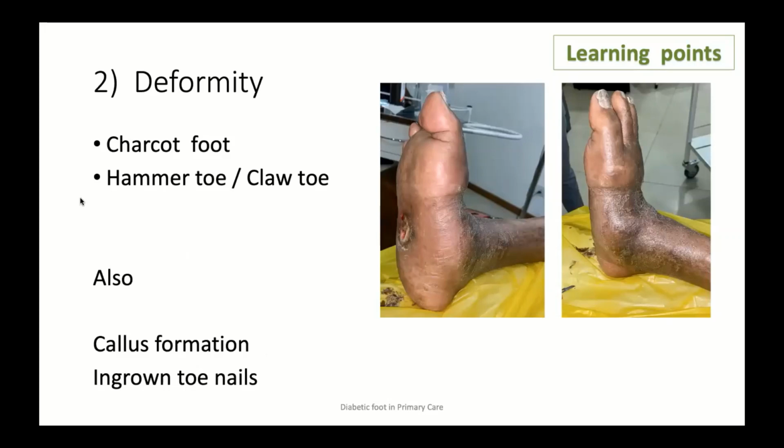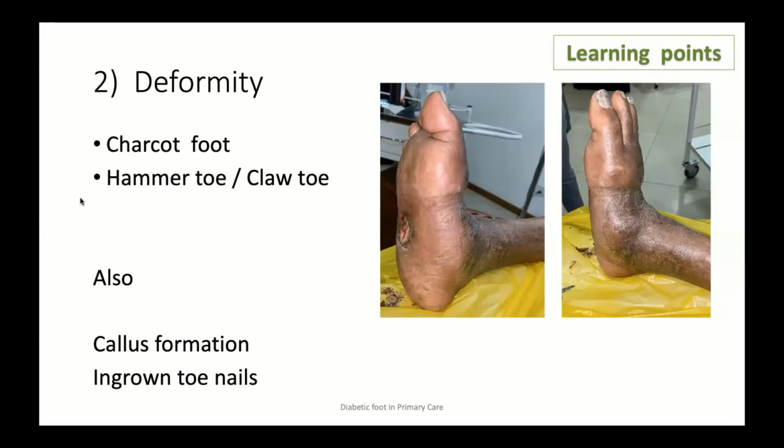The second most important thing is deformity. It's a very obvious thing to be mindful of. If you look at the feet, you'll notice deformity. Our feet have a particular shape, arches, the way the toes are. If these are lost, that signifies that the pressures of the feet are not appropriately spread out as we walk.